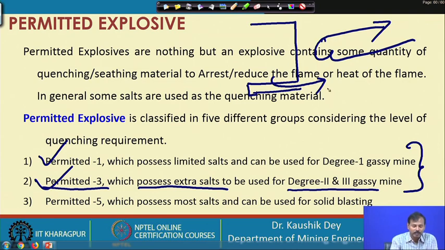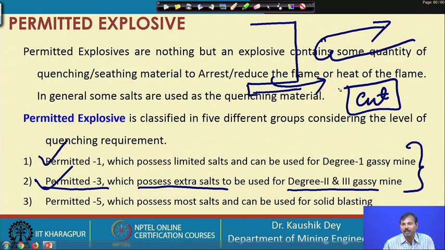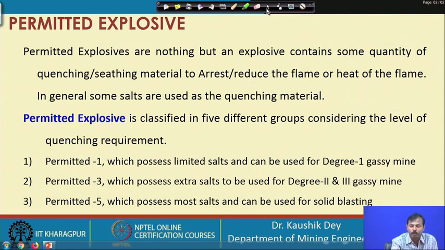So, that is why these permitted 1 and permitted 3 explosives are used for the cases where blasting is carried out after a cut is made in the face, allowing the drainage of the existing methane in the face. In those cases, permitted 1 and permitted 3 explosives are used. Permitted 5 explosive is used where there is no cut.